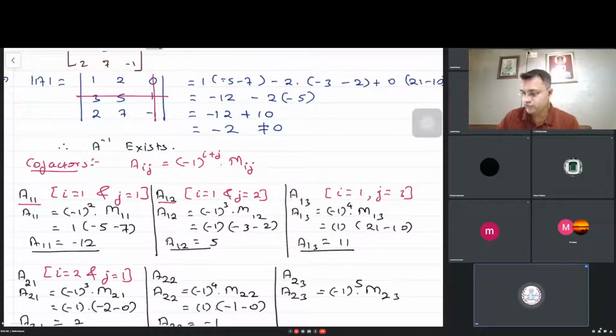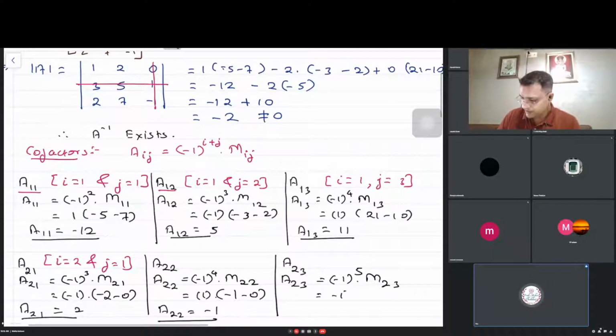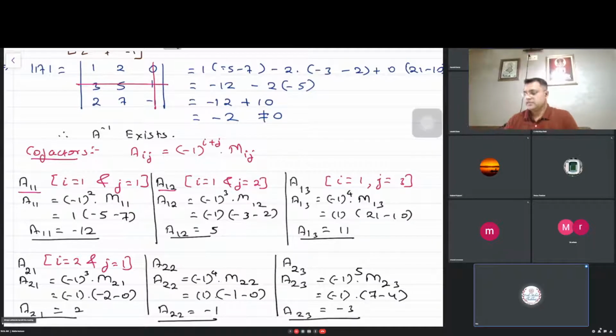So this time I have to be careful because there are 4 different numbers. So this is negative 1 multiplied by 7 minus 4, which is minus 3. I hope I am quite clear to all. This is your required value for A23.